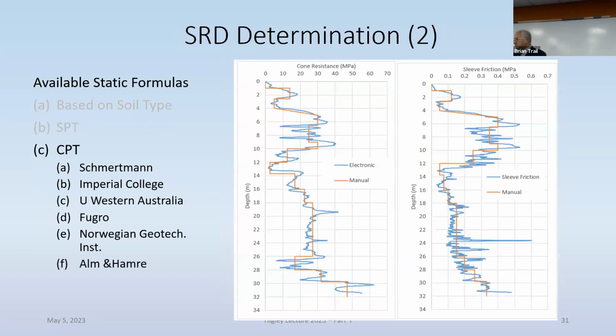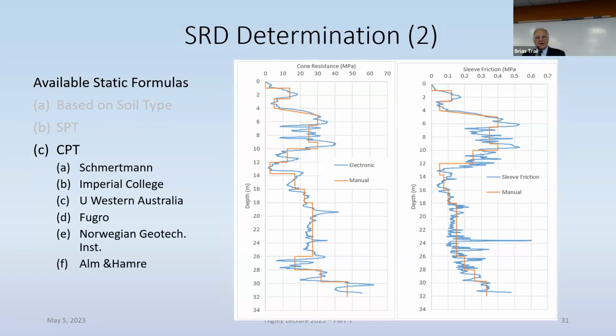Now everybody says around here in the academia, don't use SPT or these other formulas, that's nonsense. And so you use CPT, that's much better. And granted, CPTs are the thing to use if we have those results.